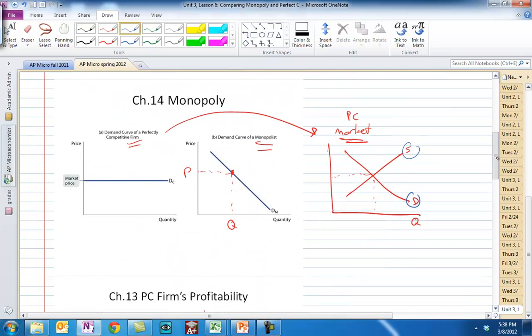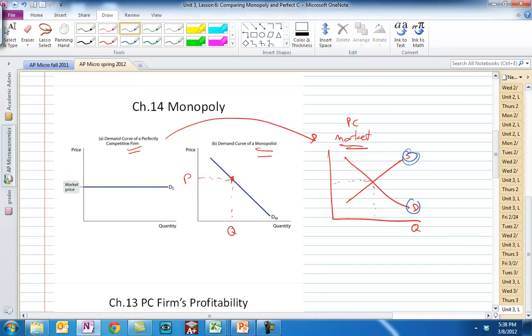And remember that the supply for the market is just equal to the sum of the individual firms' marginal cost curves. And then finally, remember that I said that the demand curve for this perfectly competitive firm is really the same, if you're talking about the same good in the entire market, as the demand curve for a monopolist.